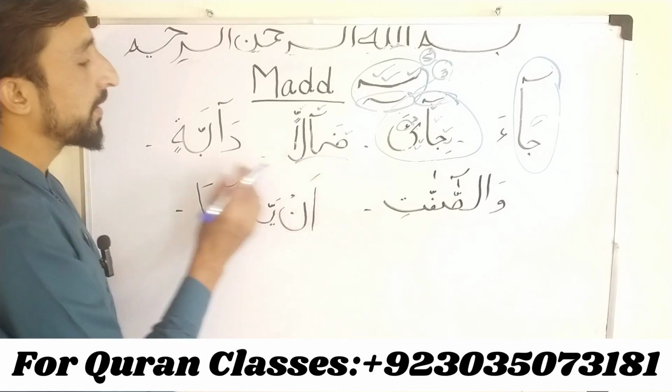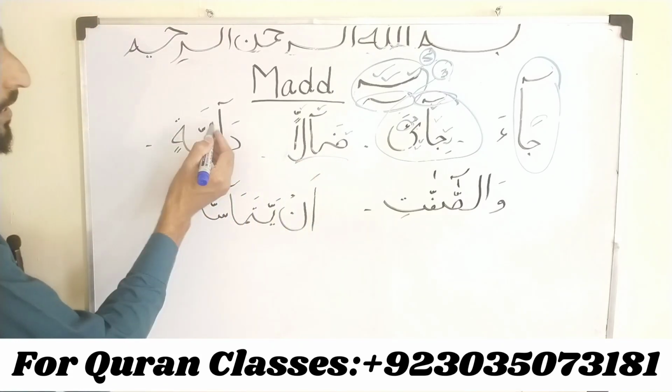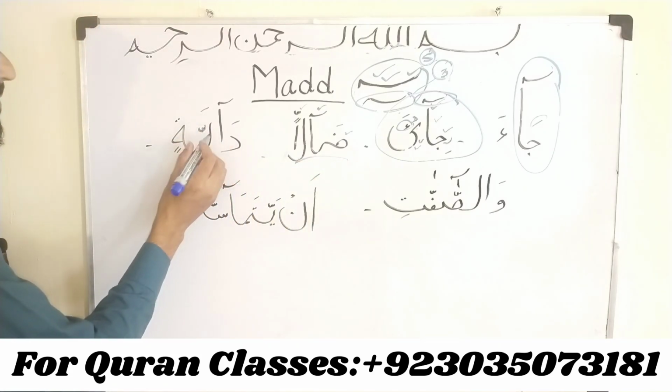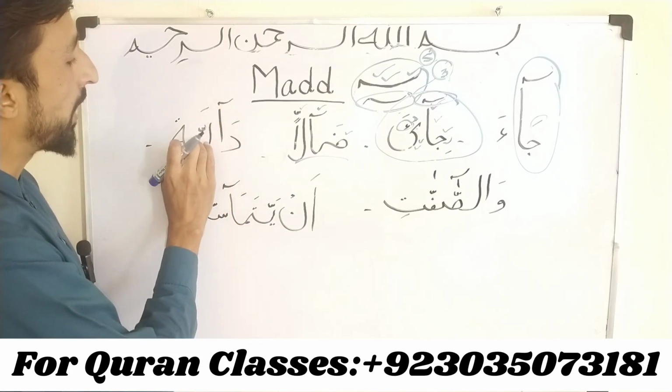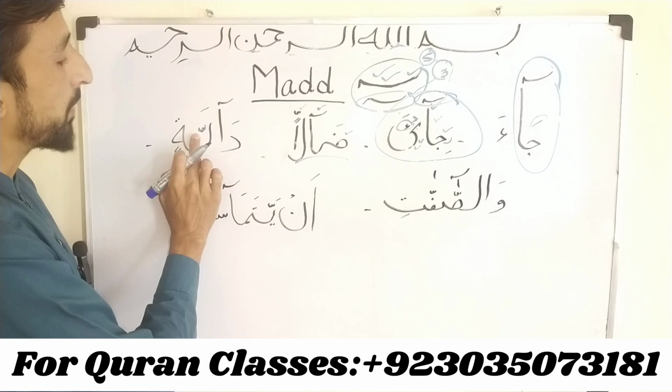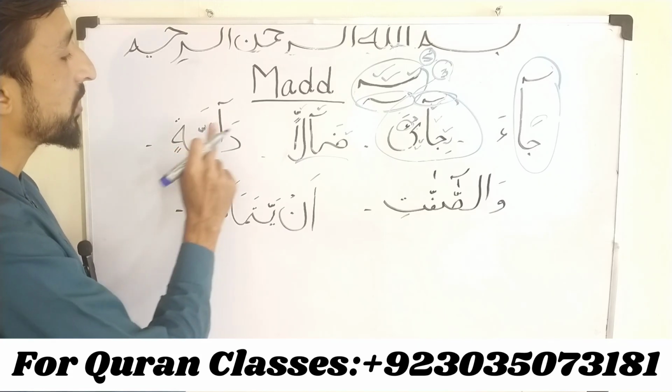Zalan, like that. Next, here we again combine three letters: dal, alif, ba. Why do we combine ba? Because ba has a sign of tashdid.